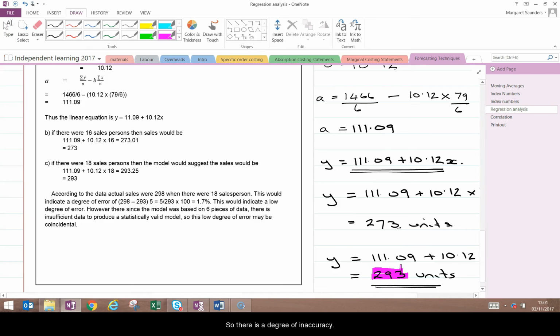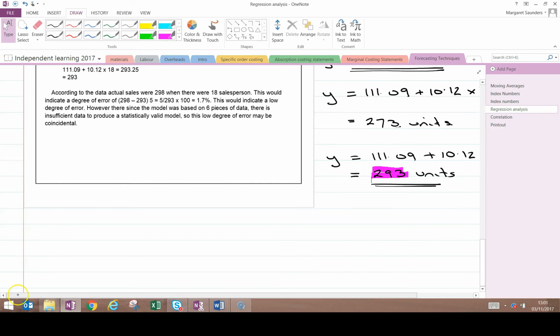So there is a degree of inaccuracy. A reason for this inaccuracy could be that we've based this model purely on 6 pieces of data. That really is insufficient data to produce a valid model to use for forecasting. Ideally, we'd want at least 20 pieces of data.